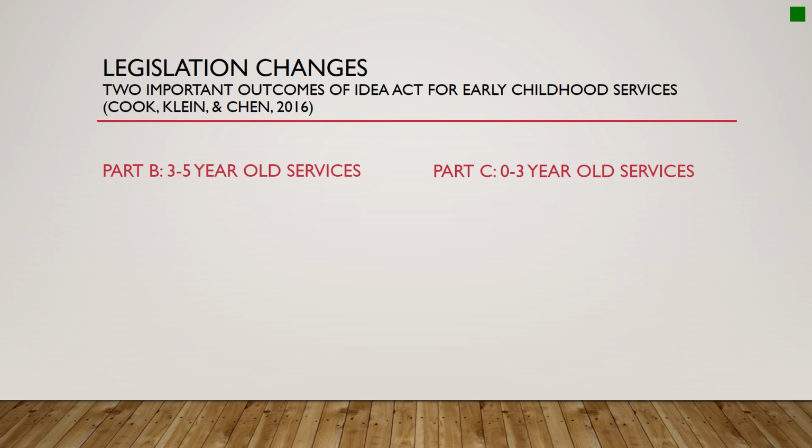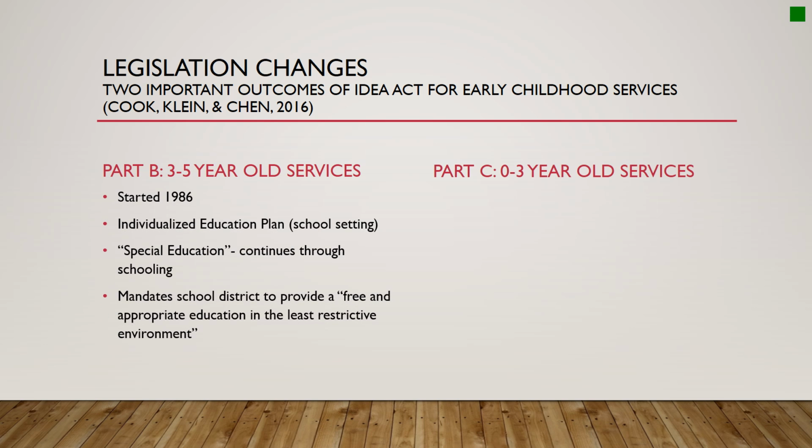So the first one that you see on the left are those Part B 3 to 5-year-old services. So this started in a 1986 revision of the IDEA Act. And this is where students create an individualized education plan in that school setting. And again, families are really leading that. This is what we call special education, and this continues through a child's schooling. And so it starts at 3 years old in that educational setting and goes up to 21 years of age.